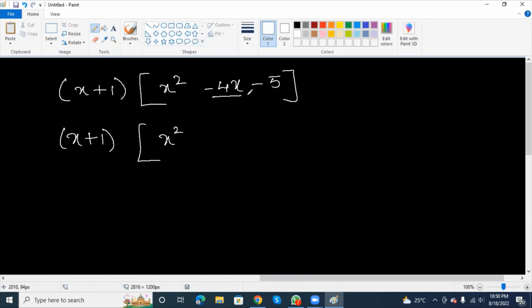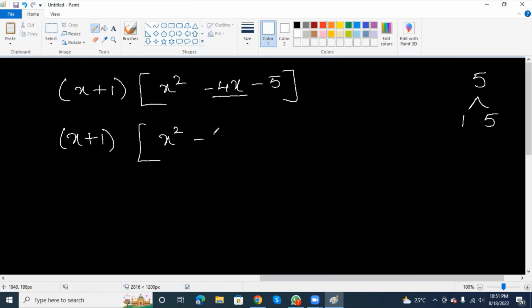For splitting the middle term, you need to write the factors of 5 such that if we add, we get the middle term, and if we multiply, we get the last term. For 5, we know that, being a prime number, 1 and 5 are the only factors.